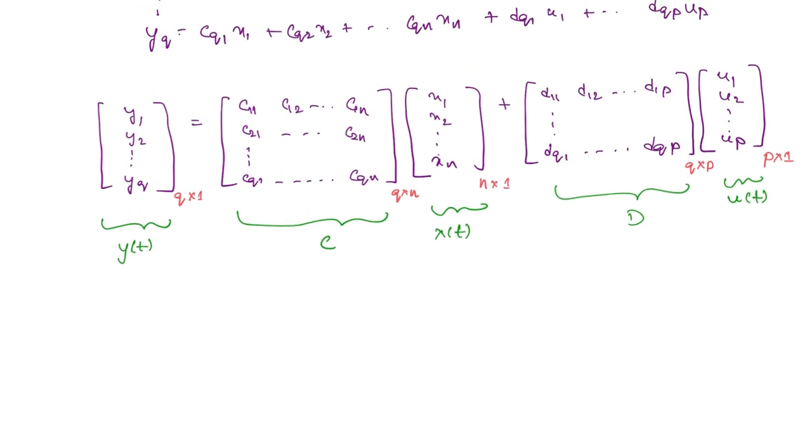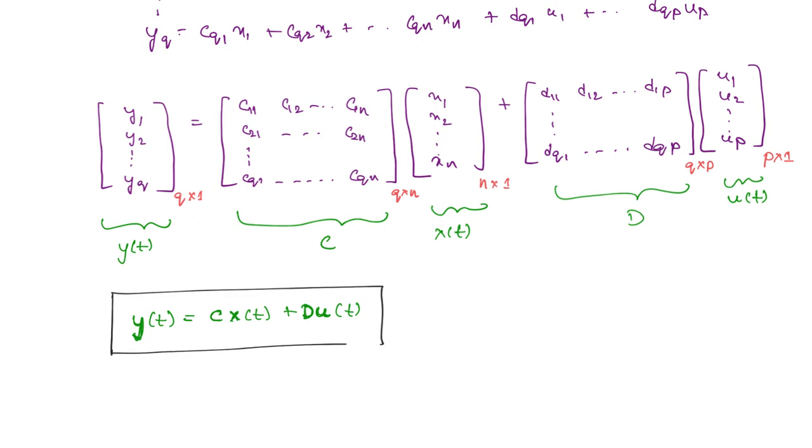So you can write y of t is equal to C times x of t plus D u of t, and you can also write in bold letters here to represent that these are not just simple individual functions, but they are vectors. Similarly, C and D, these are not simple constants, they are matrices. So this is the output equation in vector form.